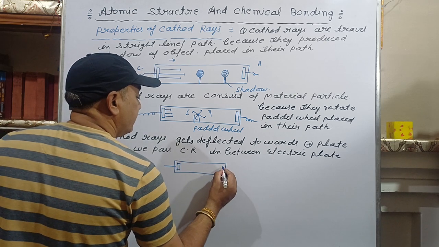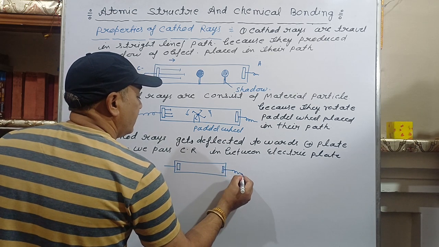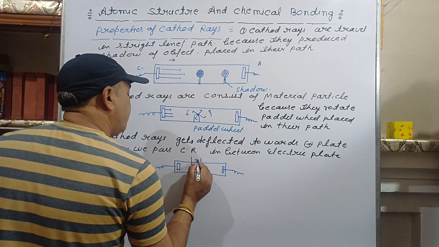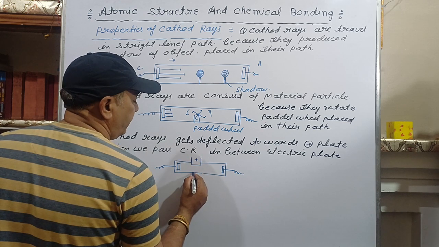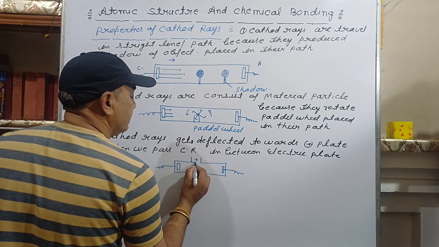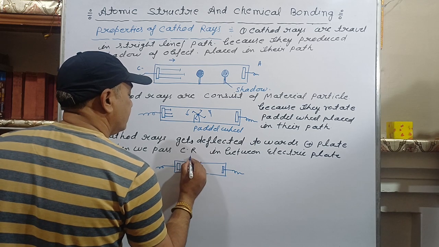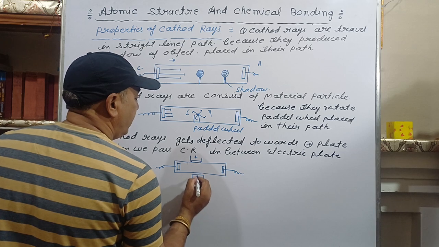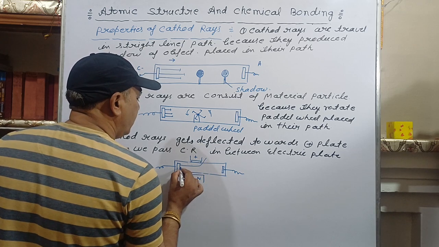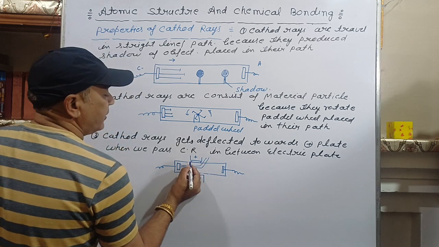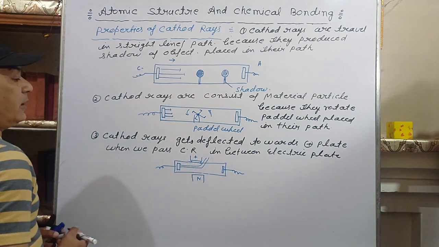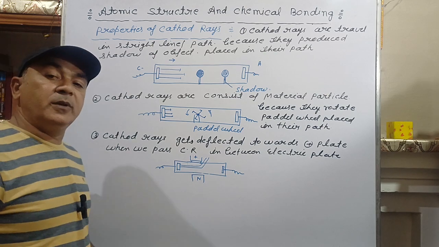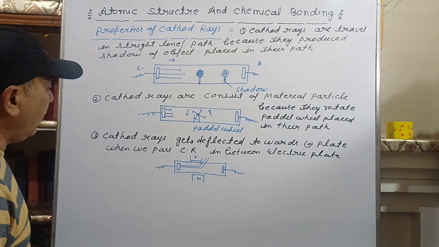Here are the cathode rays, anode and cathode, the positive terminal and the negative terminal of the electric field. Cathode rays are deflected towards the positive terminal of the electric field. It indicates that these rays consist of negatively charged particles.